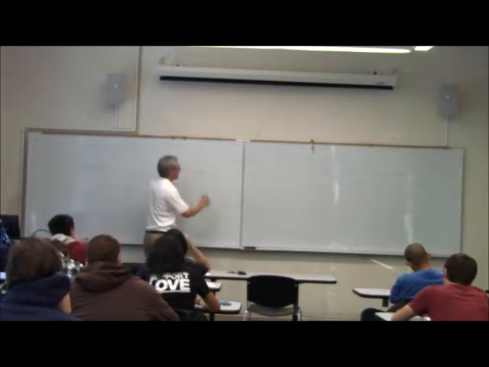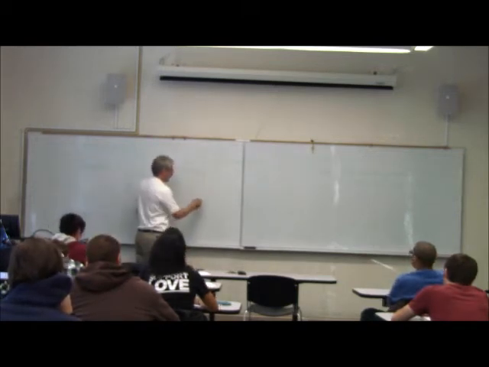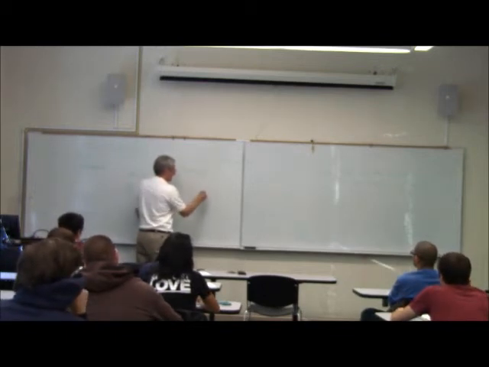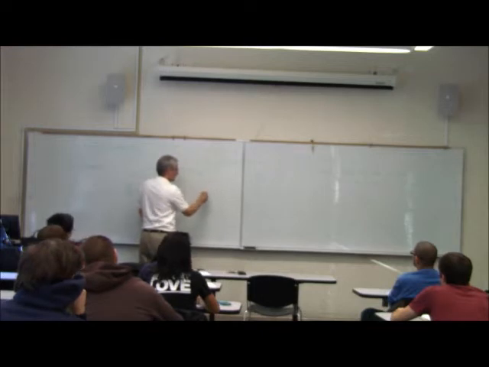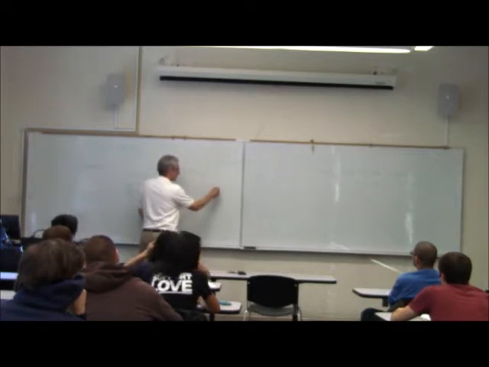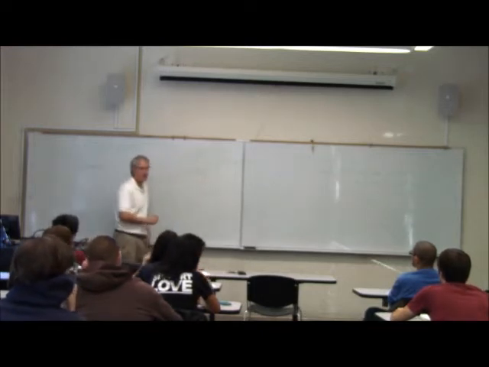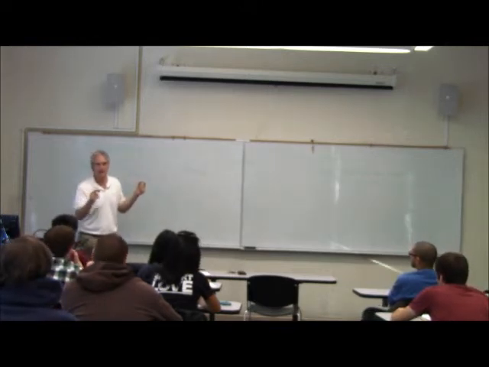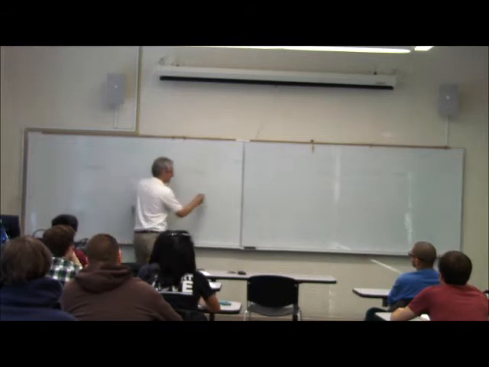For example, one kind of problem that falls into this framework is if I'm in the plane and I say, here are 2 points in the plane, and I ask, what is the curve connecting those 2 points that has minimal length?